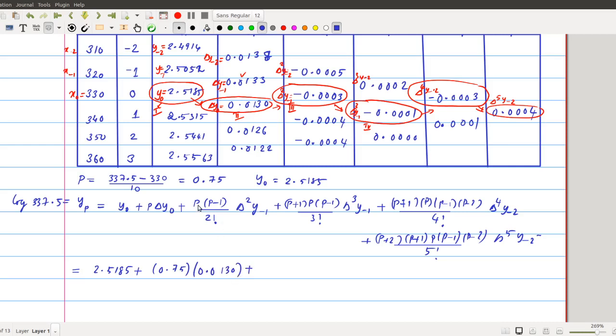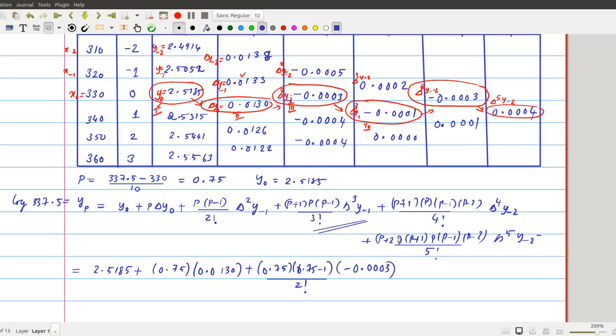For the third term we have 0.75, that is p, then p minus 1, that is this number minus 1, so 0.75 minus 1 divided by 2 factorial delta square y minus 1. Delta square y minus 1 is this one, minus 0.0003.